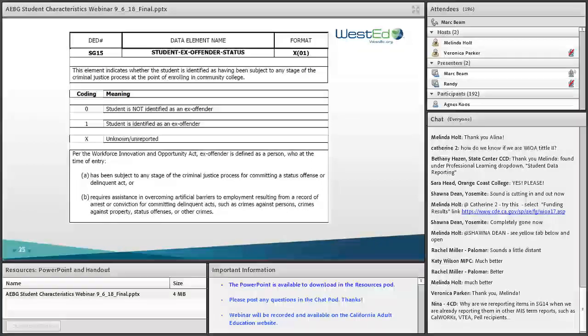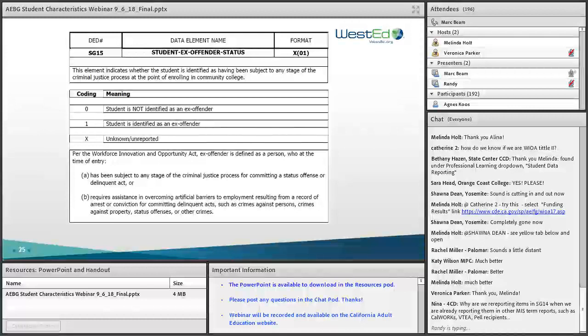The next one is ex-offender status, SG15. This is a new data element. We used to track this in a different place, in the student basic file, where there was an old data element once used for this type of student characteristic. Now it is considered a special population that we have to track, and so the question has been redesigned, and it is explained here with the actual WIOA language.